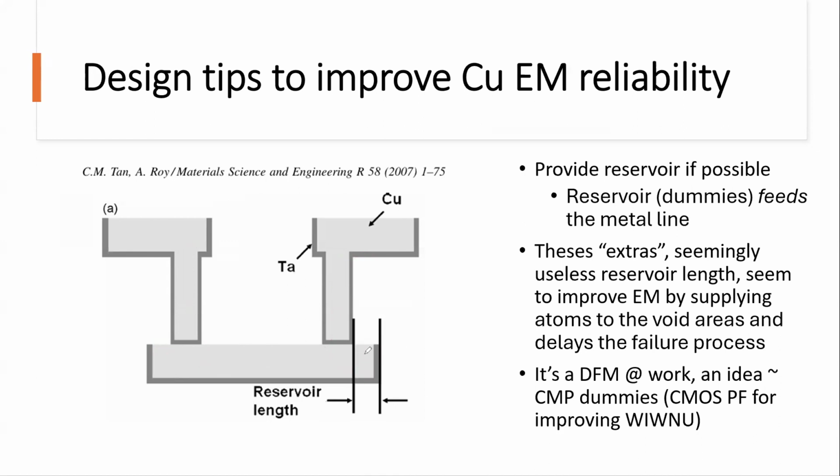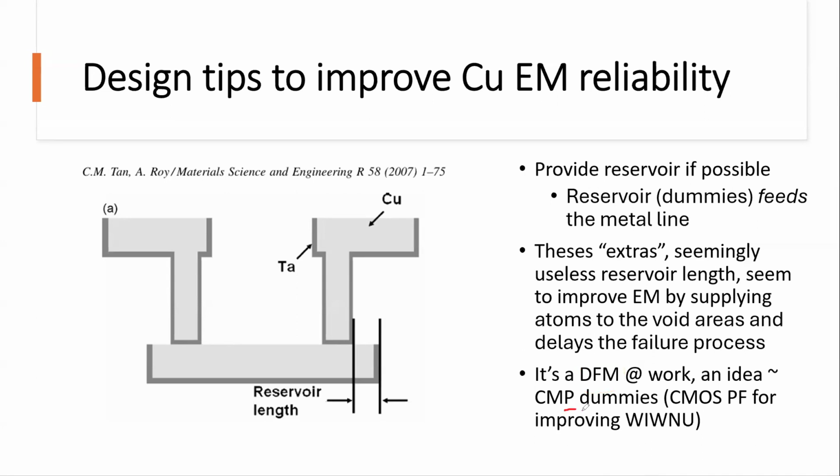If you have enough of this part, then if for some unknown reason electromigration happens here, the reservoir will feed into it. All right? It's kind of a sacrifice. It's seemingly useless, but it improves the electromigration by supplying atoms to the void area and delays the failure process. I call it design for manufacturing at work, DFM.